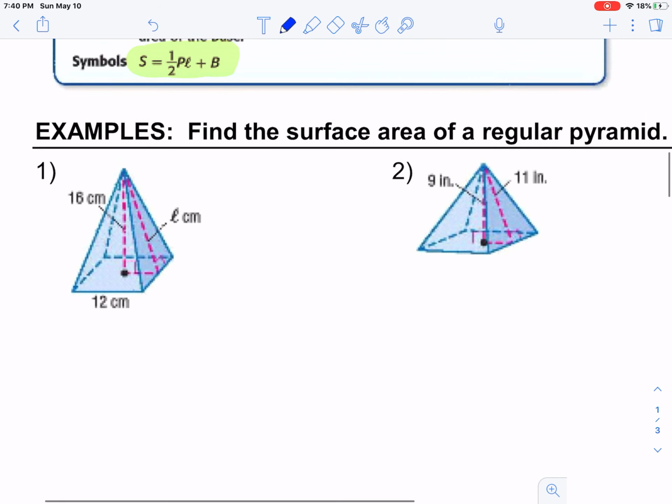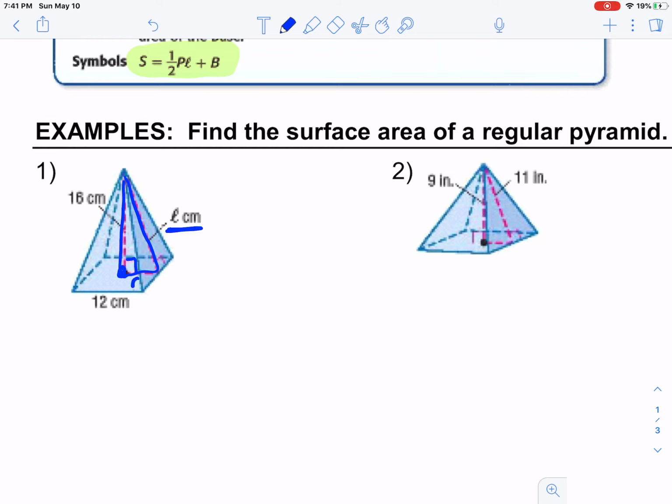But looking at number 1, we can see we have our side length, we have our actual prism's height, and we need to find our slant height here. So clearly we can see that our height with half of our side length is going to make a right triangle here, that pink one that I just highlighted in blue. So we know that our height is going to go directly down to that center of the base.